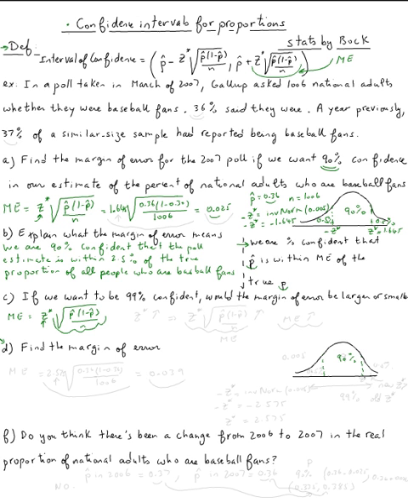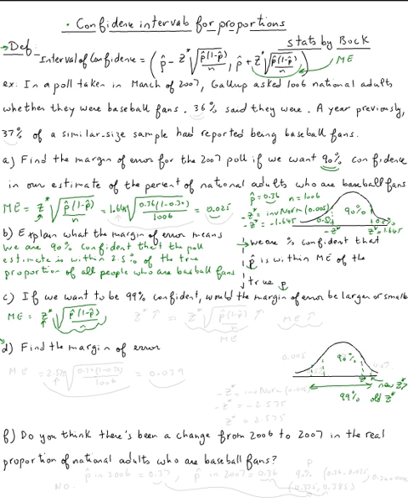So let's assume this is 99%. Remember, this was a z star. Now the new z star for the 99% will be larger, bigger than the old z star.